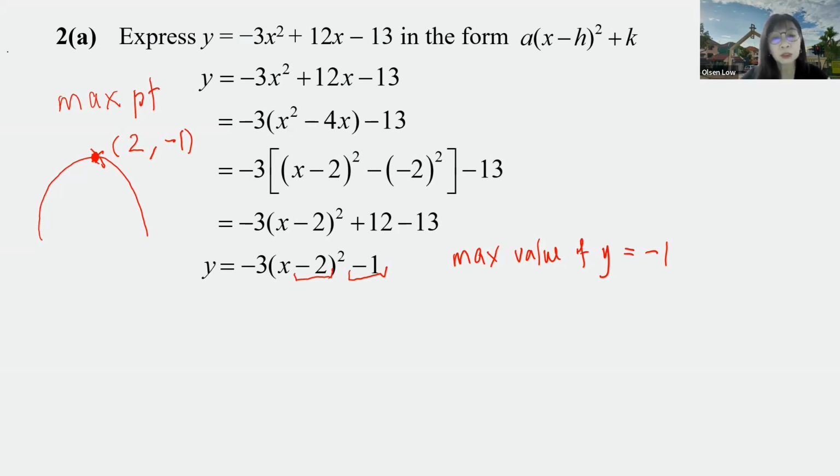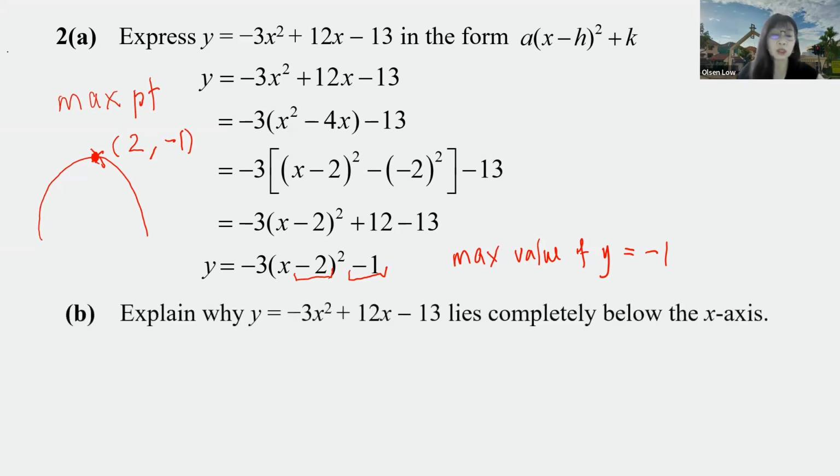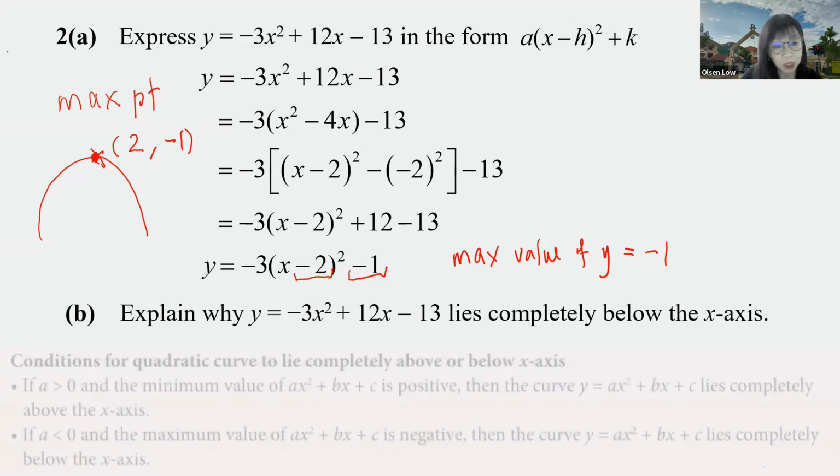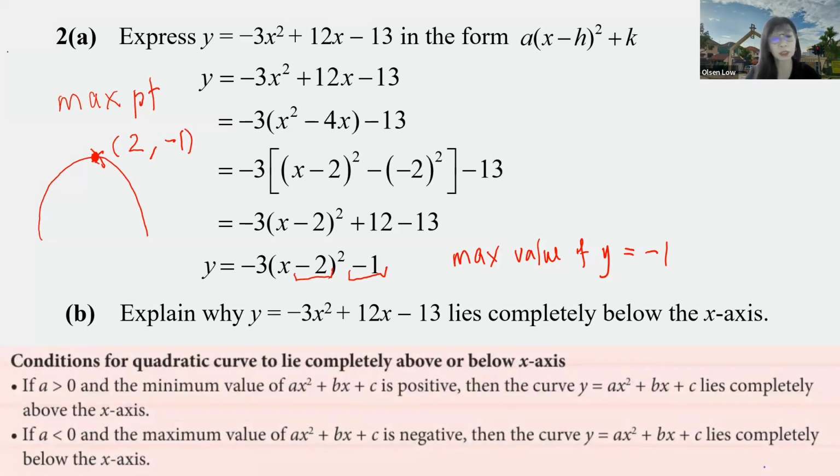Let's move on to see how we can explain the question. Question 2b asks you to explain why this quadratic function lies completely below the x-axis. Now let's do a recap. On page 13, you will see these conditions.